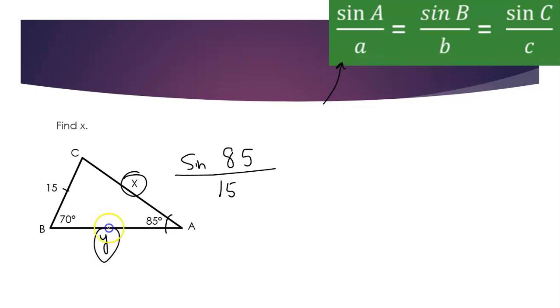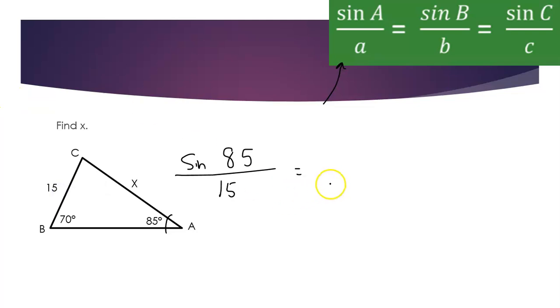Let's just call it little c, which is exactly what it is. And I can find that as well. So I can not only find this side, but I can also find this side. For right now, we're just going to find B. So I'm going to go ahead and erase all of that so it doesn't get confusing. Okay, so for right now, we're just going to find X.